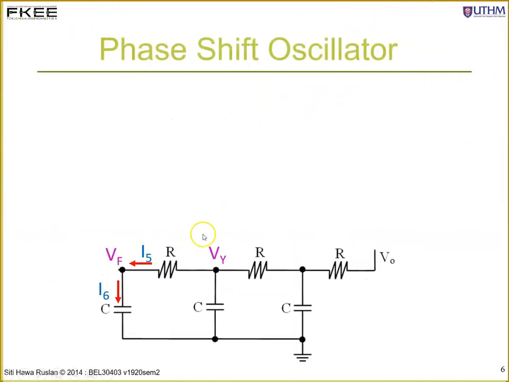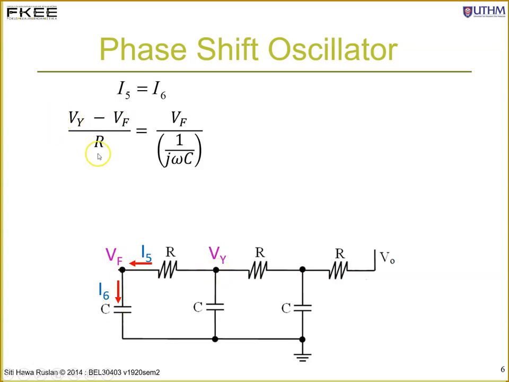Okay, now we define the voltage over here Vy. The current just now is I5 and I6. Applying the Kirchhoff current law, I5 equals I6. Since I5 is flowing from Vy to Vf, I can write I5 to be Vy minus Vf divided by the resistance over here R, and it equals I6, which is the current flowing through the capacitor over here, which is Vf divided by the impedance of the capacitor.